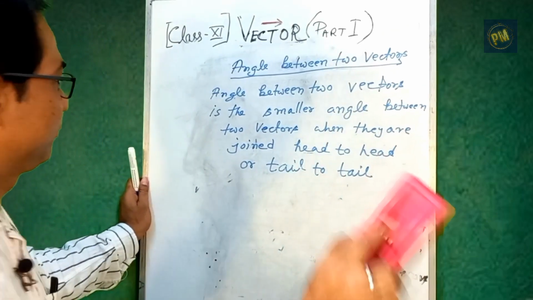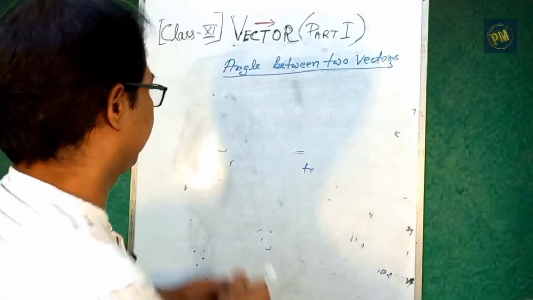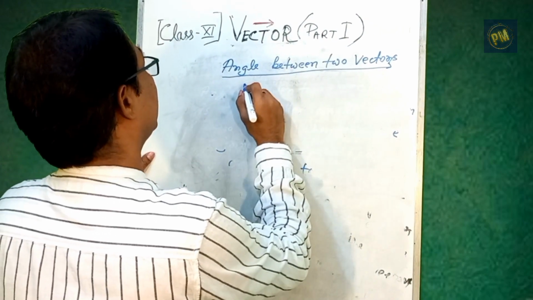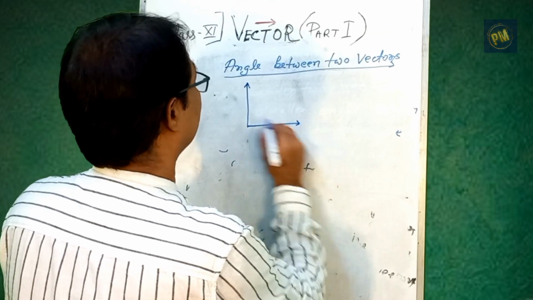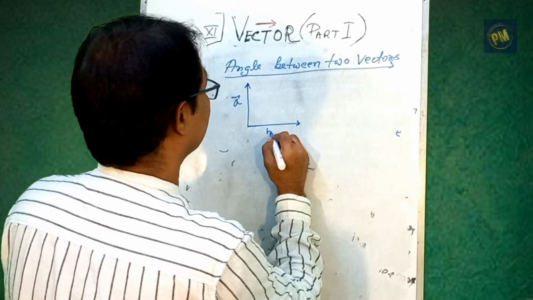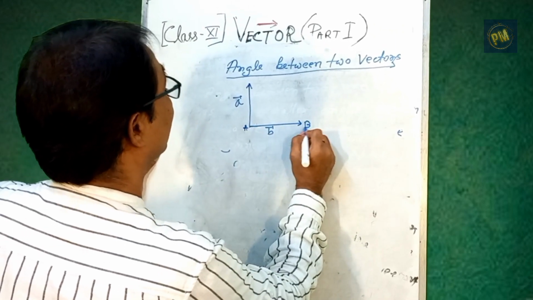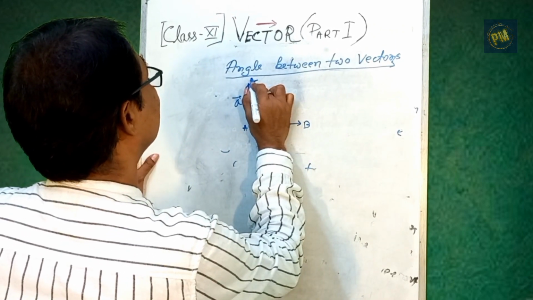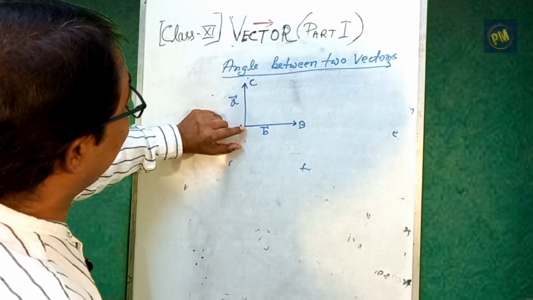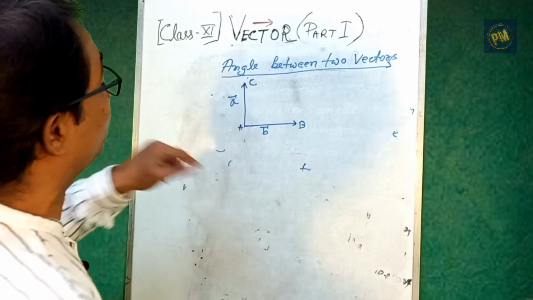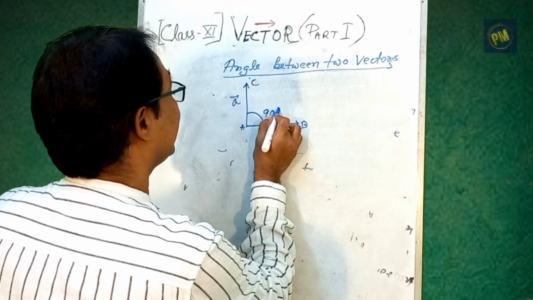Write down first of all. Take the diagram. Let us take vector A and vector B. They are joined, that is AB and AC, tail to tail, that is at the point A. So the angle between the two vectors is 90 degree.